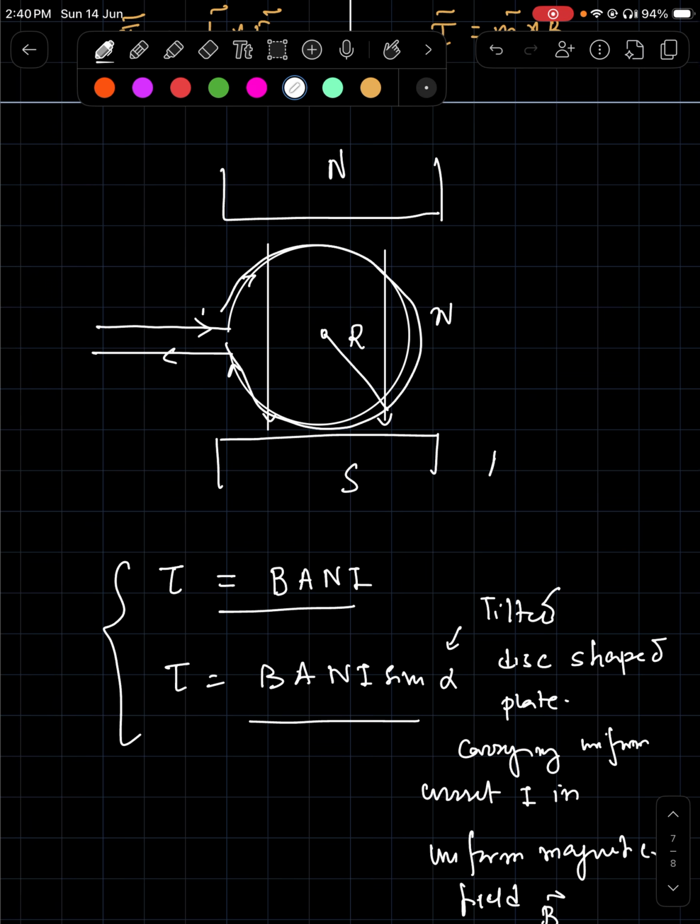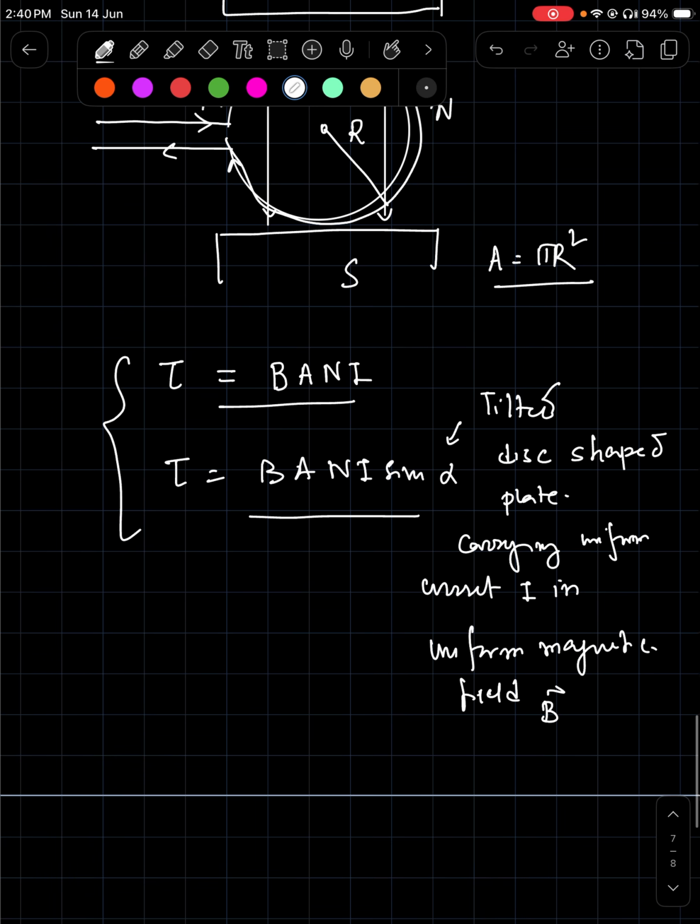But we have to remember A is pi r squared, and when there are n number of turns, we have to consider the average radius. That is a much more crucial thing. If there are n number of turns, r is the average radius.